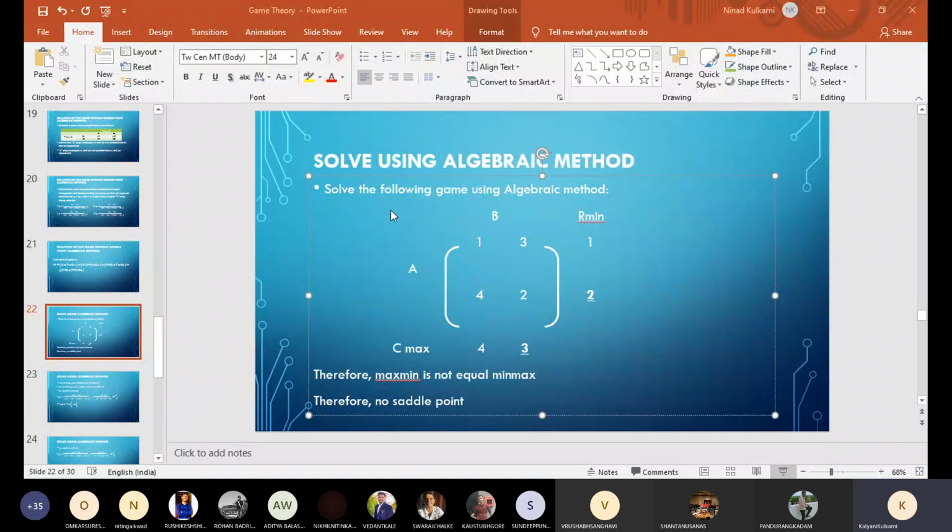If you remember, x was a22 minus a21 upon a11 minus a12 plus a22 minus a21. Just substitute those cell values and you get 2 by 3 as the value of x. And what will be 1 minus x? It will be 1 minus 2 by 3, so it will be 1 by 3. Note it down quickly. Then move on to calculation of y and 1 minus y.